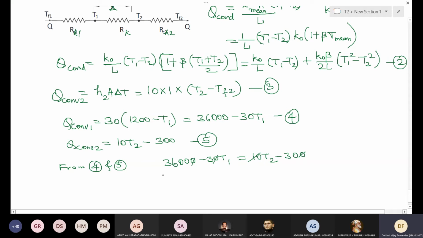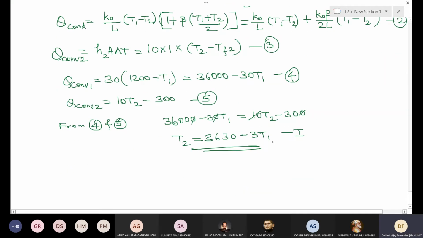And I can write an equation for T2: 3600 minus 30 will come to this side, meaning plus 30. So we have T2 equal to 3630 minus 3T1. So this is one of the main equations I want to solve.